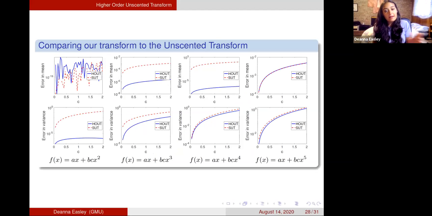And here we compare our transform to the unscented transform. As we can see in these cases, our transform in blue performs better on the different polynomials as we expected.